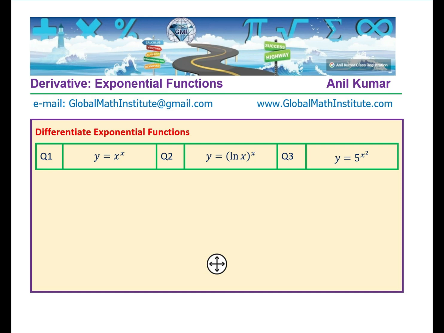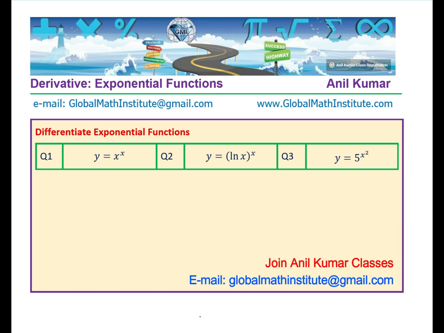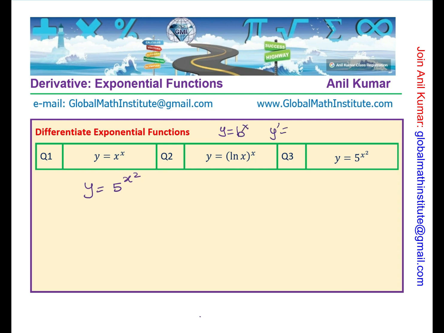Let's now try question number 3. Now here we are given y equals 5 to the power of x squared. Taking derivative directly can help us figure this out. We know the rule, which is, let me write here, if I have y equals b to the power of x, then the derivative is b to the power of x ln b.